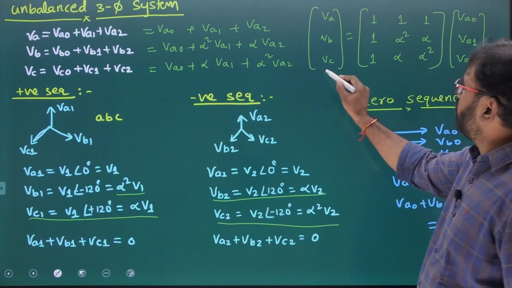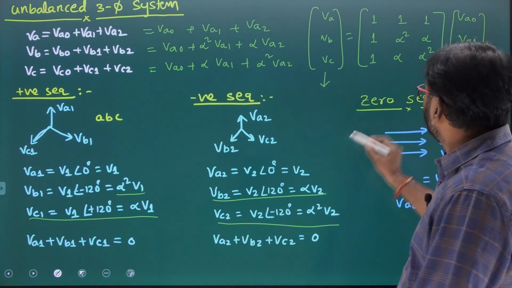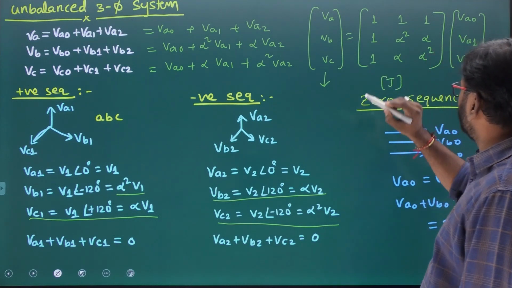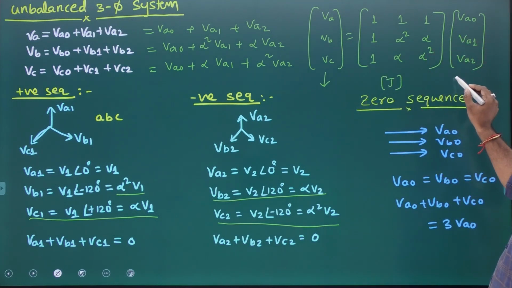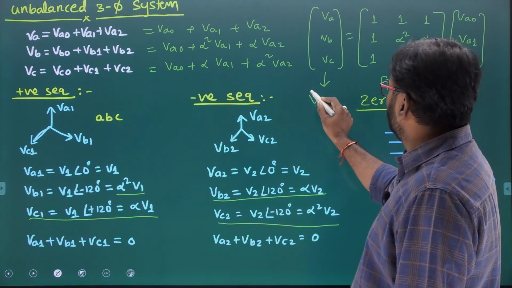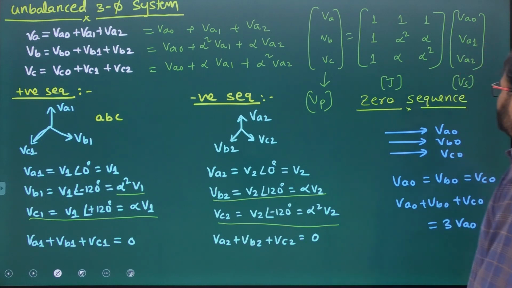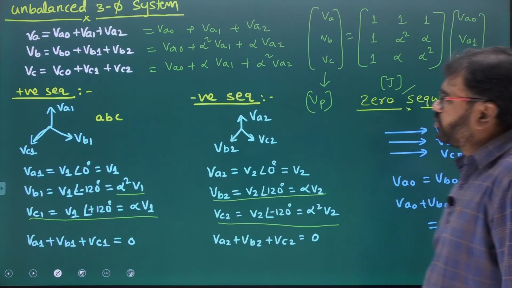So this is called the unbalanced voltage matrix. Now this is the sequence transformation matrix T. And this is the sequence voltage matrix Vs. The unbalanced voltage matrix is VP, or primary voltage matrix.